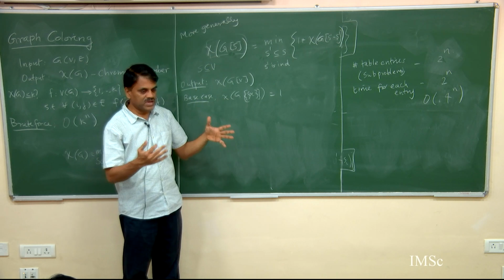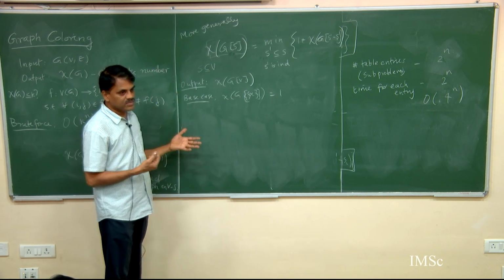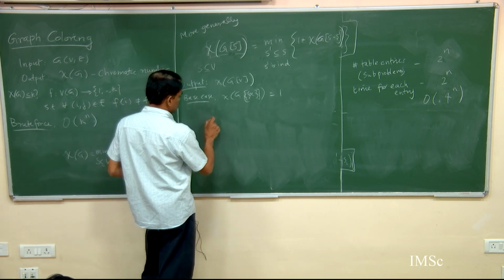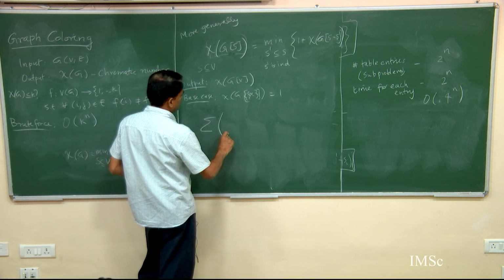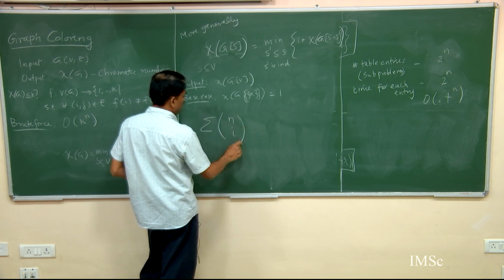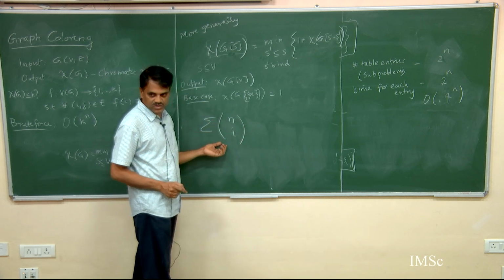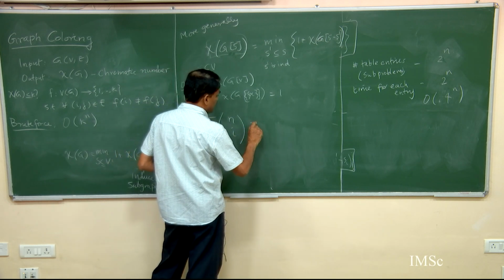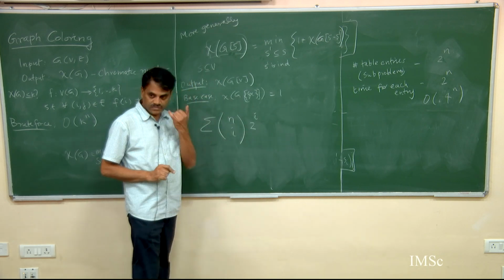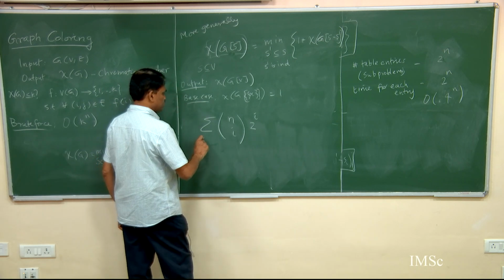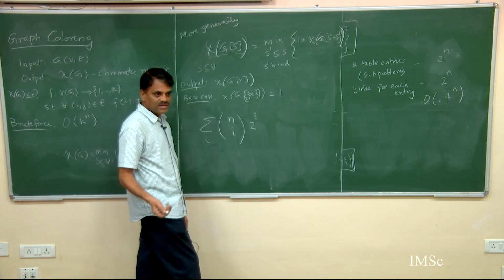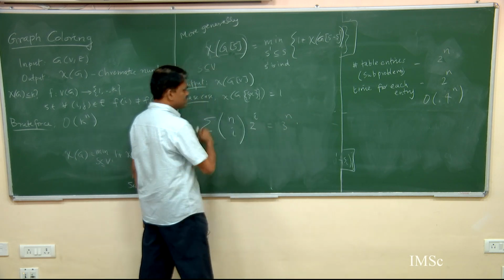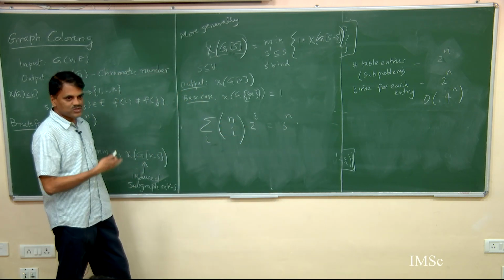But how many i element subsets are there? n choose i. So, here is my tighter analysis. The number of i element subsets is n choose i. For every i element subset, the running time is 2 to the i. Run this over all i, and it is 3 to the power n, right. This is the binomial expansion of 1 plus 2, whole power n.